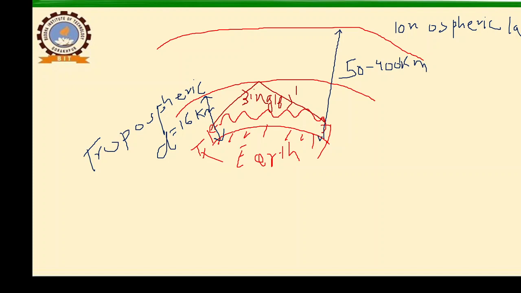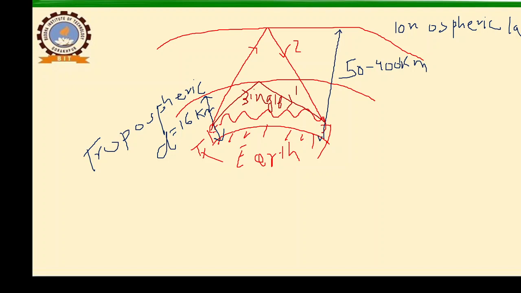After that, it sends a signal that goes to the ionospheric layer, and it is reflected and received by the receiver. That is the second signal.